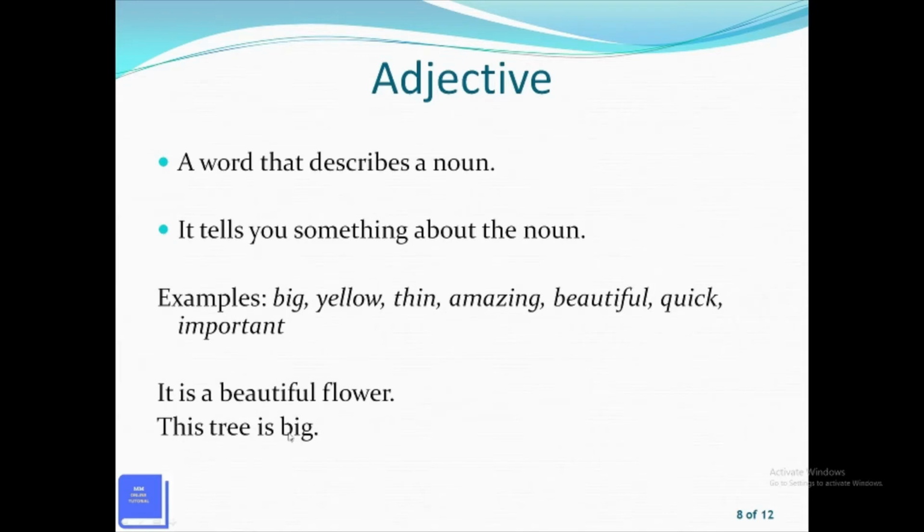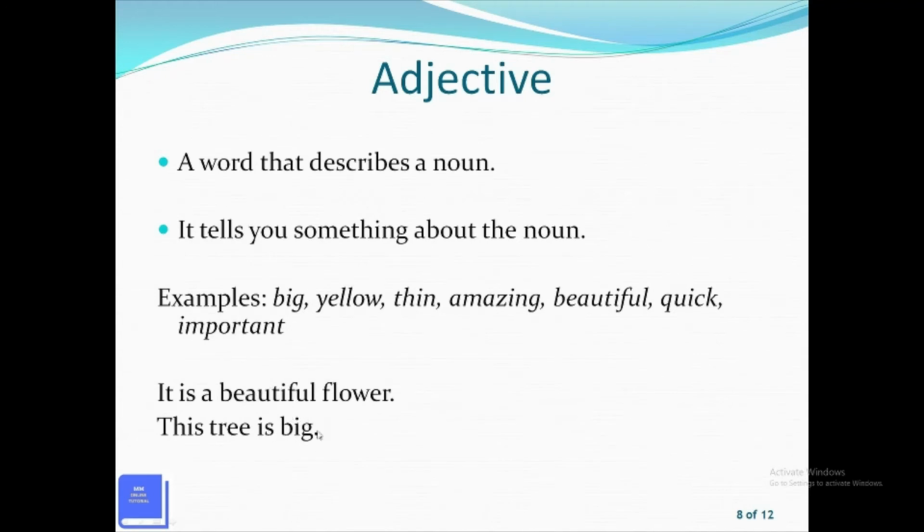This tree is big. So beautiful is here the adjective referring to the flower, right? Flower is the noun. If I ask how the flower looks like, the flower is beautiful. It tells about the flower. That's the reason it is called an adjective.